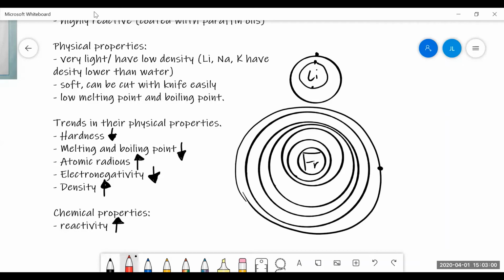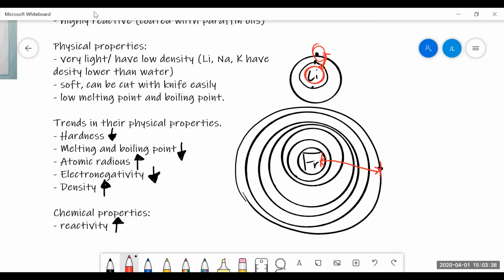Lithium is nearer, right? This is the distance. Or for francium, it's further. It's the furthest. So actually, how this electron stays in its place is because of the force of attraction of the proton, which is positively charged inside the nucleus, right? So the shorter the distance, the stronger the force of attraction.